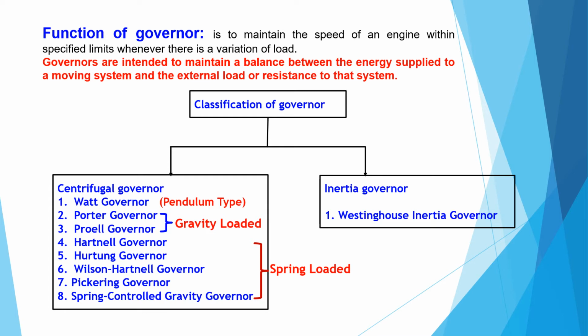The pendulum governor is the simplest governor. It was given by Watt, that's why it's called Watt's governor. But Watt's governor has a limitation at medium or higher speeds of the engine. It becomes insensitive.